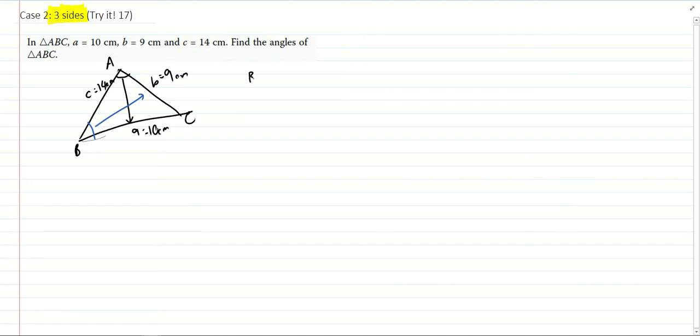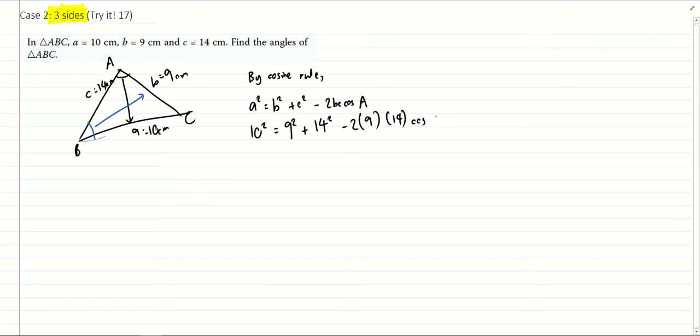So by cosine rule, we will have a square equals b square plus c square minus 2bc cosine A. So a square is 10 square, b square is 9 square, c square is 14 square minus 2 times 9 times 14 cosine of angle BAC.